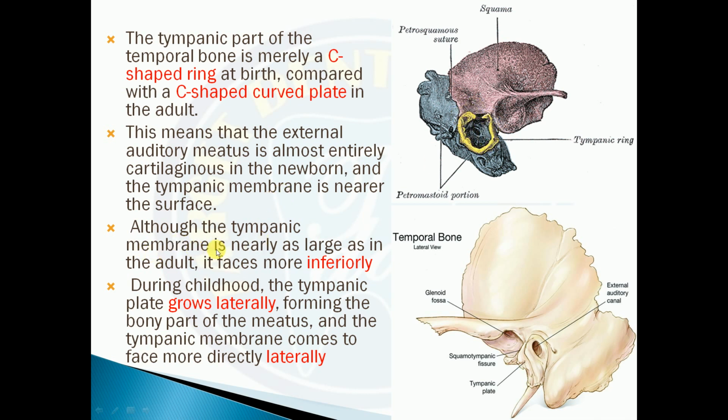Although the tympanic membrane is nearly as large as in the adult, it faces more inferiorly. During childhood, the tympanic plate grows laterally, forming the bony part of the meatus, and the tympanic membrane comes to face more directly laterally.